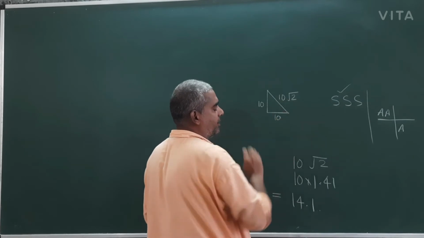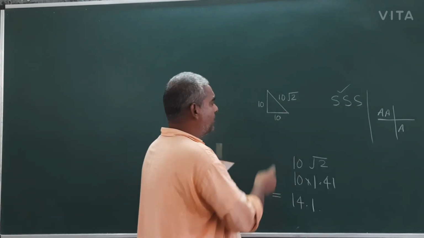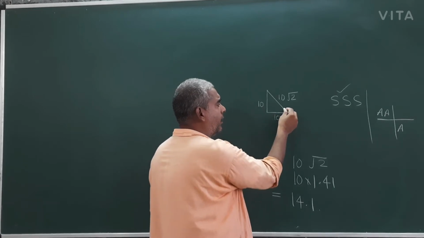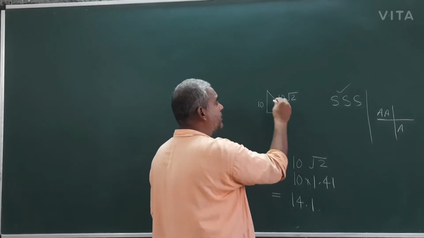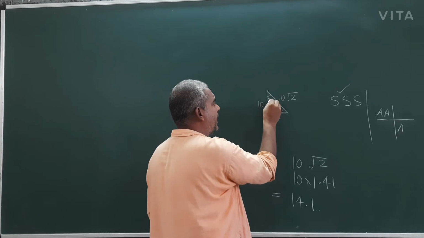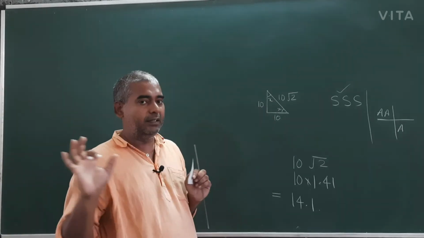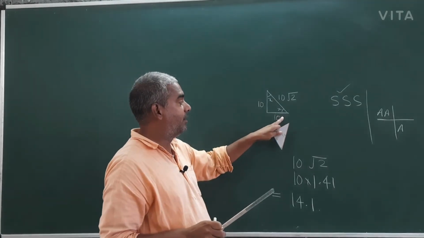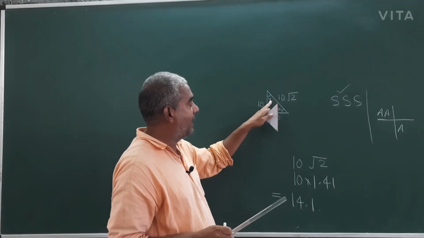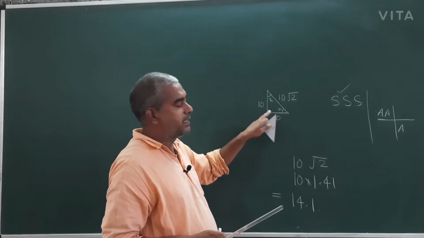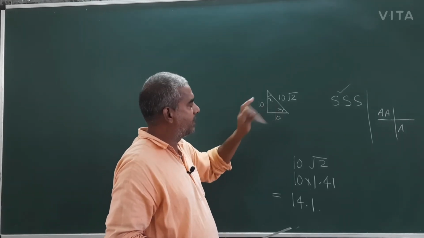So if these 2 sides are equal, then the angles opposite to the equal sides become equal. So this will be x and this is x. This is the theorem: equal sides have equal opposite angles. So this is x, this is x.